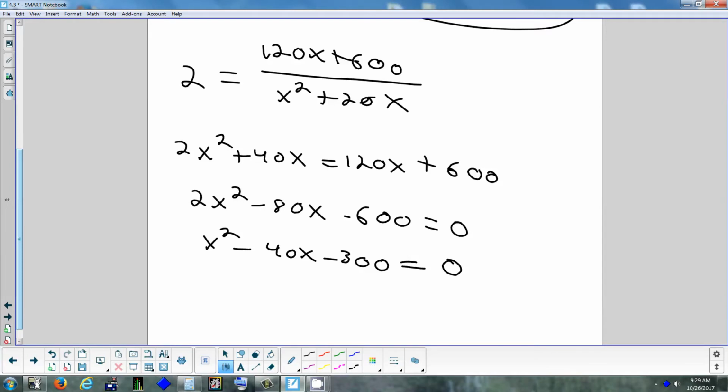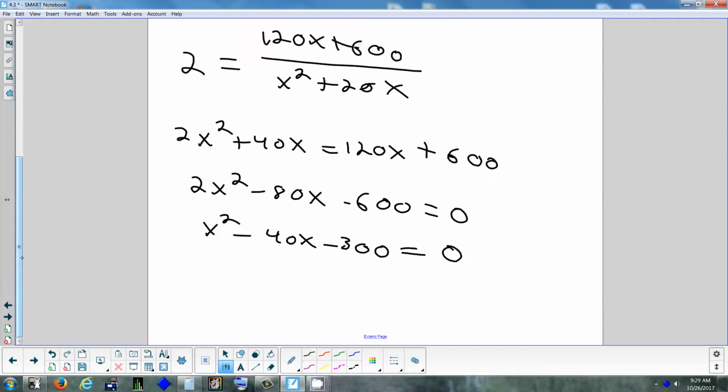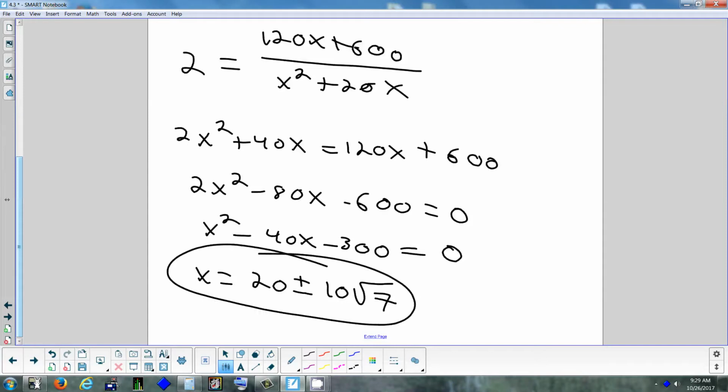Okay. So if you go through the whole formula, you would get x equals 20 plus or minus 10 root 7. Now, because we're talking about a speed, which answer doesn't make sense? Yeah, the negative.